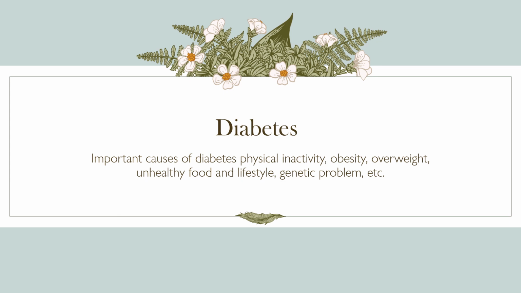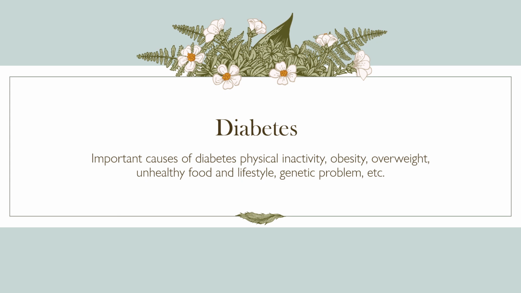So let's discuss diabetes. So what are the common causes? The common causes of diabetes are physical inactivity, obesity, overweight, unhealthy food and lifestyle, genetic problems. So there are other causes, but these are the common or important causes that lead to diabetes.